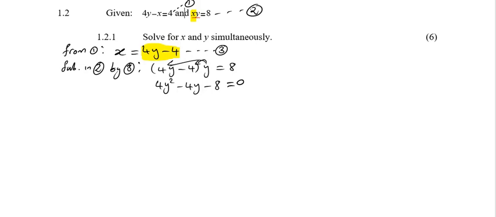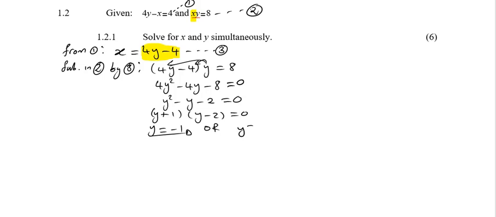You can divide because 4 is a common factor, so y squared minus y minus 2 equals 0. Then I can factorize this: (y plus 1)(y minus 2) equals 0. So y equals negative 1 or y equals 2.